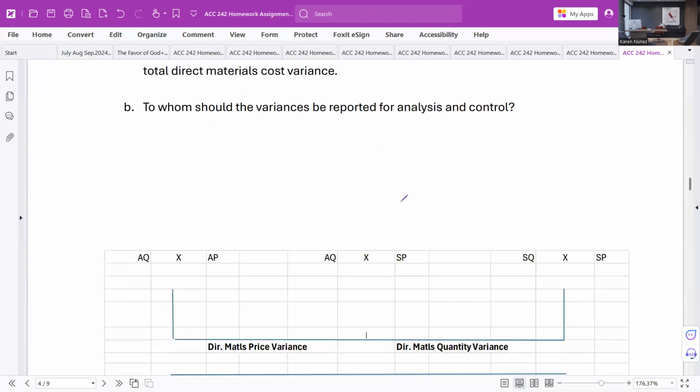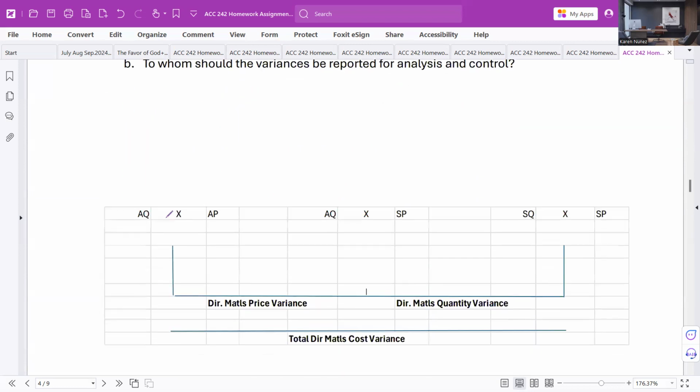So here's our model. Actual at actual, actual at standard, and standard at standard. And again, we are given all of the information that we need here.